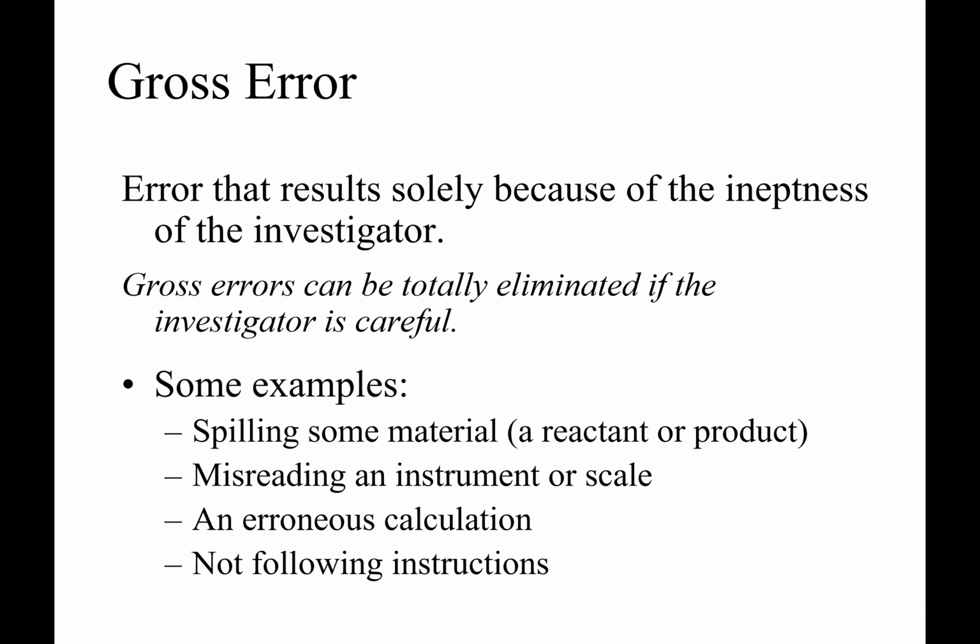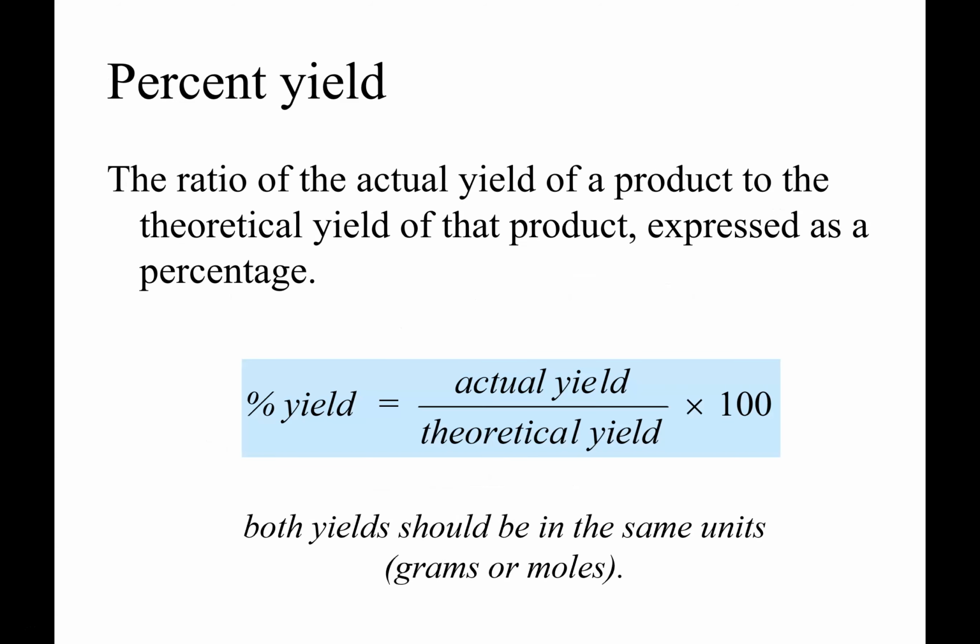Not following instructions, okay? So now we're finally to the point where how are we going to knock out a percent yield problem? So percent yield is simply what you actually got back, and sometimes I'll call this experimental. Actual yield, i.e. experimental. And you divide it by your theoretical yield. And remember where you get that from.